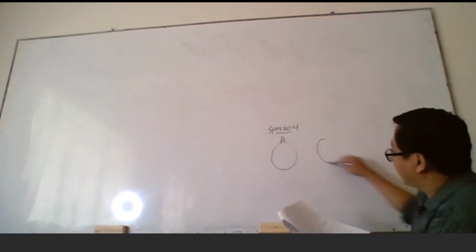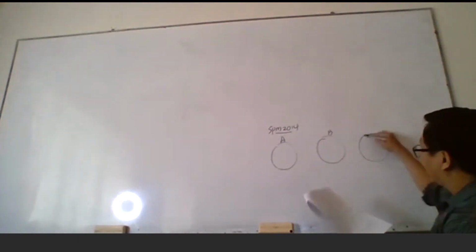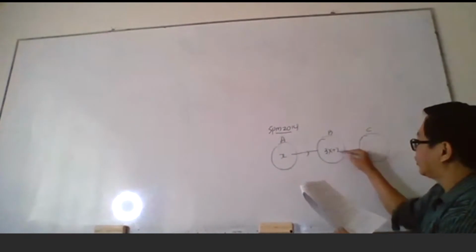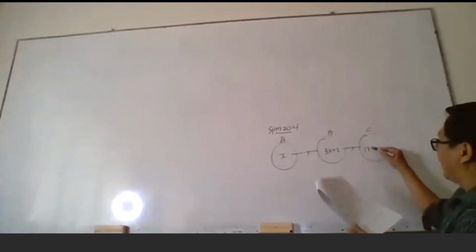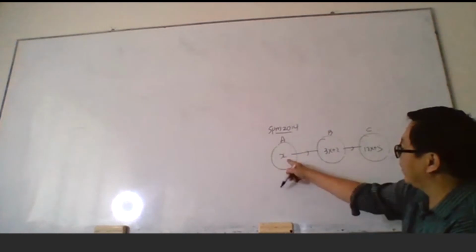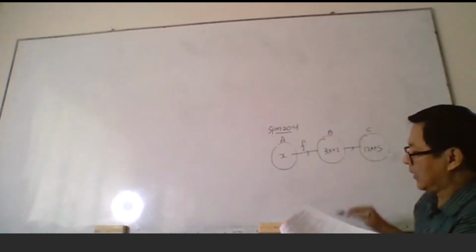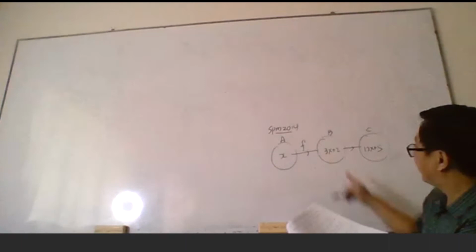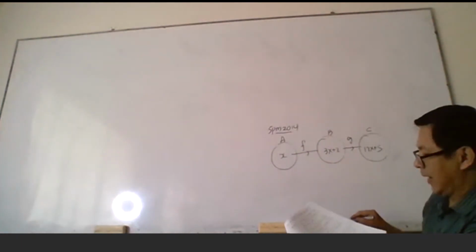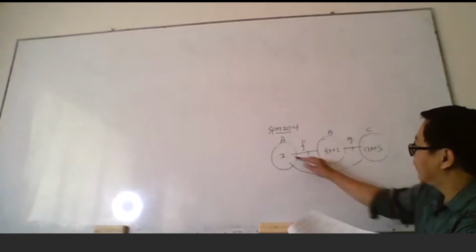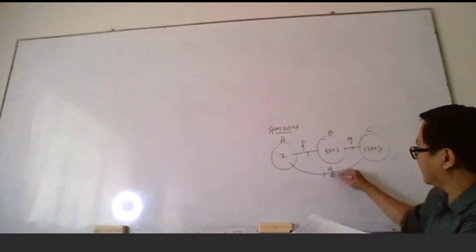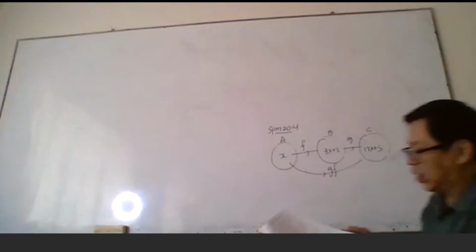This is A, this is B, and this is C. And x, 3x plus 2, and 12x plus 5. The question says that from A to B is under the function of f, and from B to C is under the function of g. So from A to C, actually it's gf, right? It's a composite function of gf.